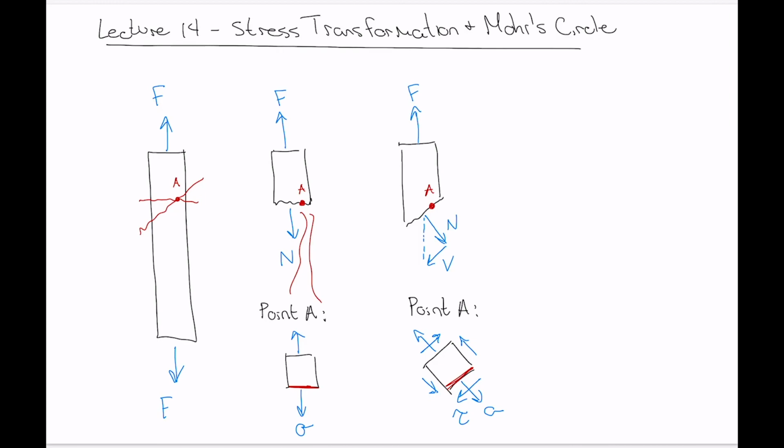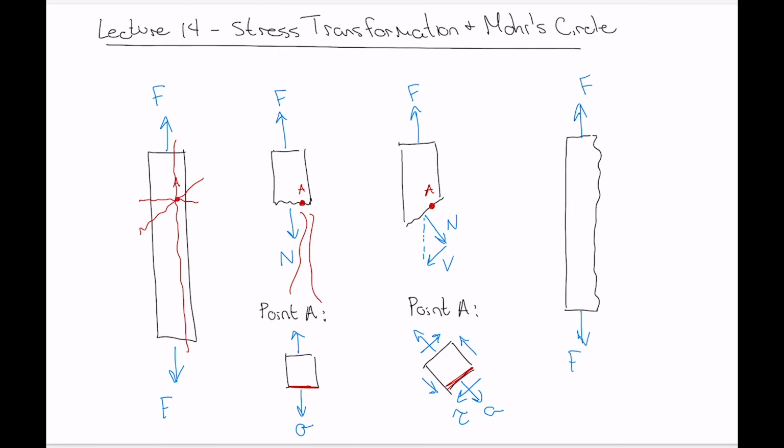And what if you took a section cut like that there? Well, now you've got a free body diagram if you were to draw it. There's your section cut. You've got force here, force there.